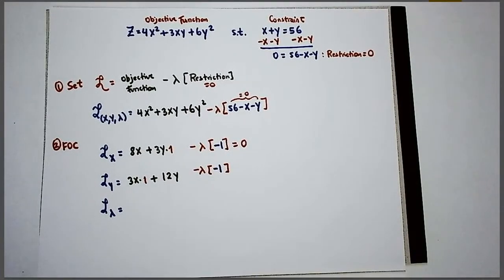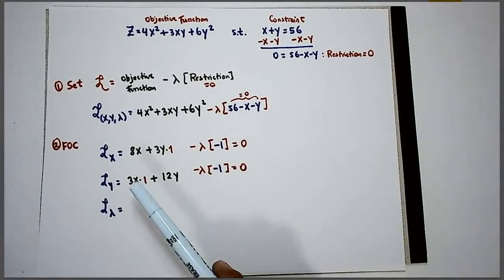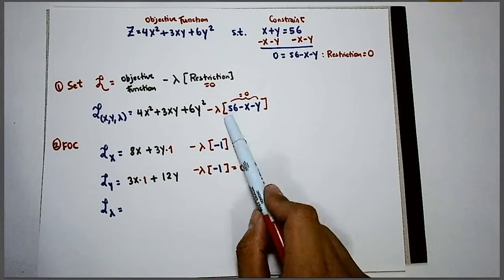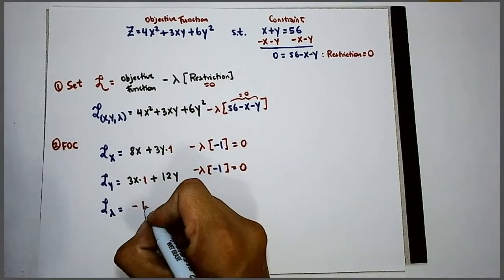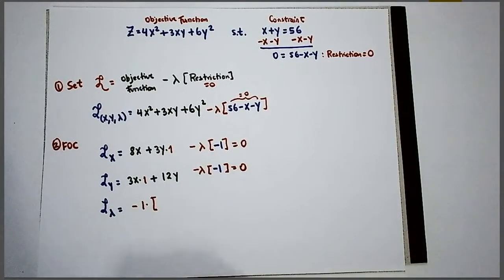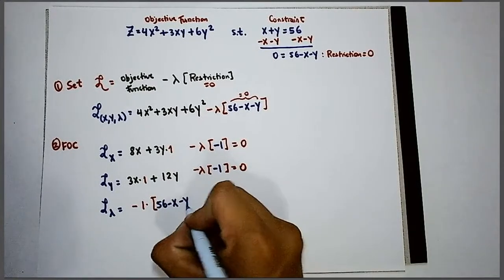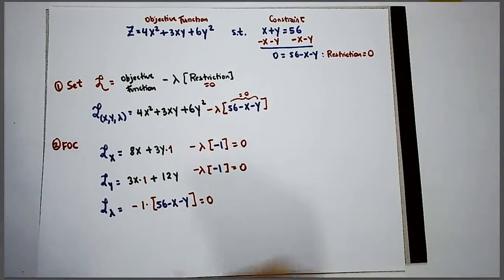And because these are the first order conditions, we set this partial derivative equal to 0. And finally, we take the derivative with respect to lambda. Here it will be minus 1 times 56 minus x minus y, and this must be equal to 0.